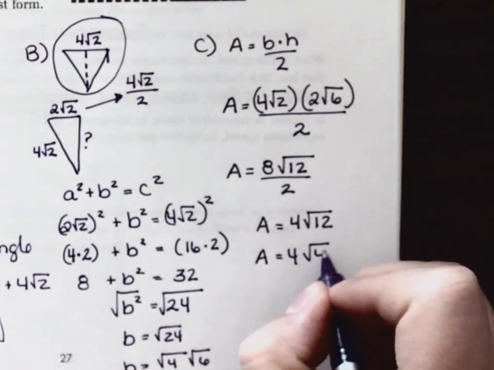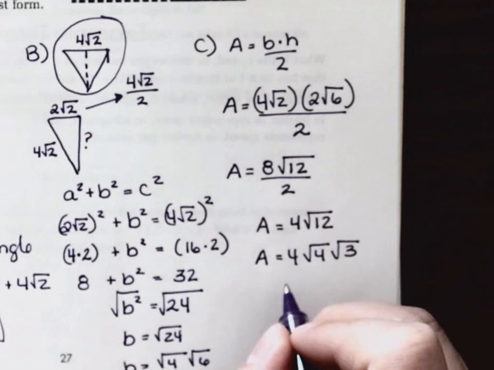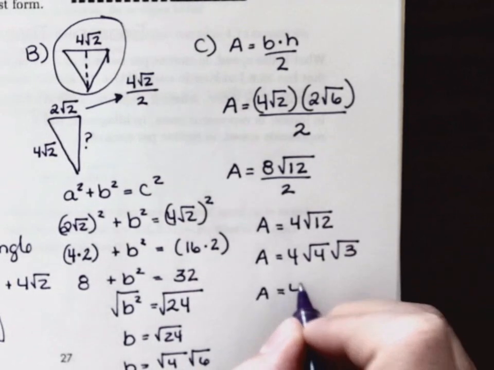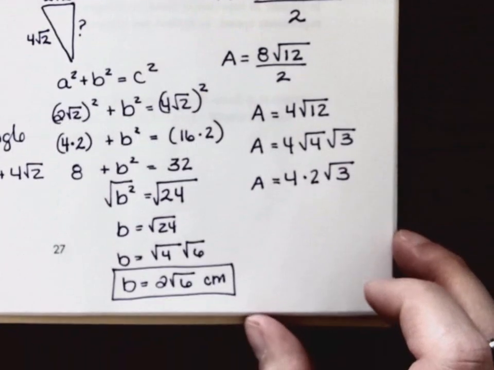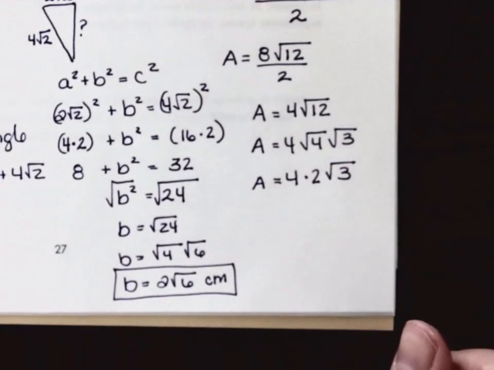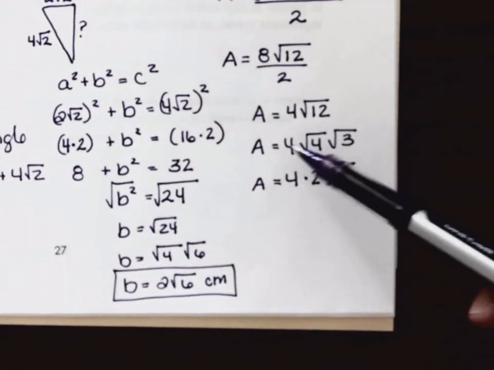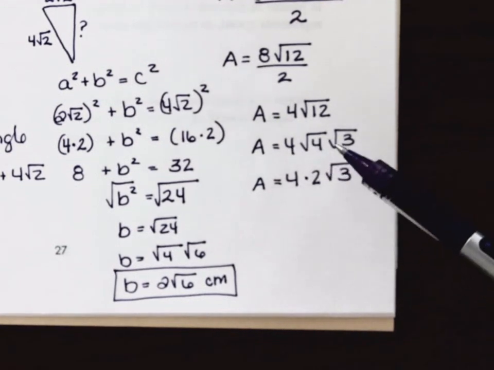Yep. And I always like to write that 4 times 2, just because I find when these two numbers are the same, we end up losing something. We end up losing like the rooted 4 or the regular 4. When the numbers are the same, we tend to lose them.